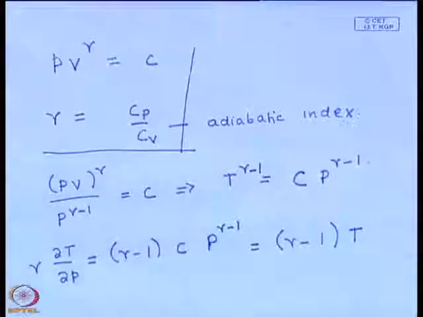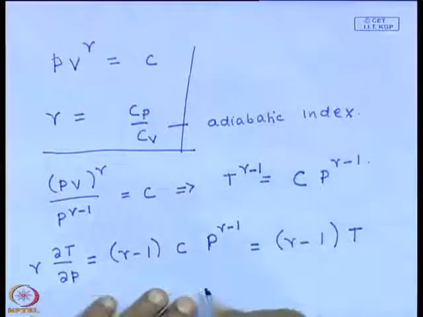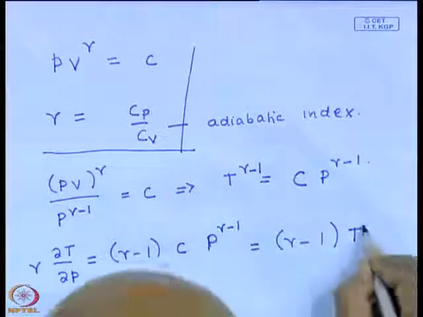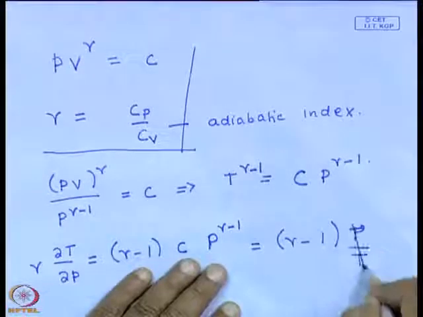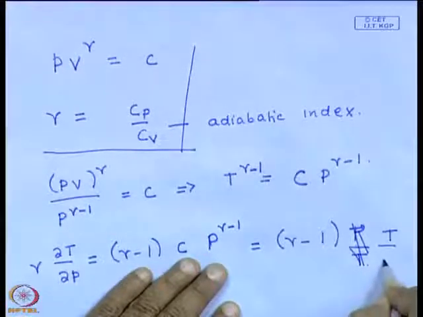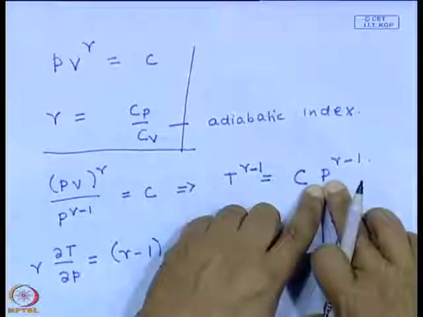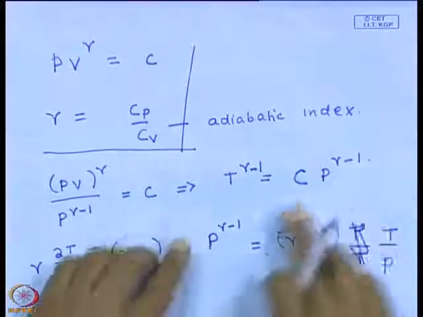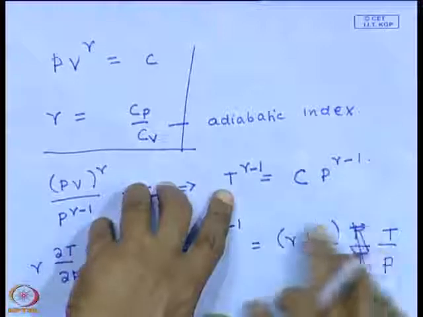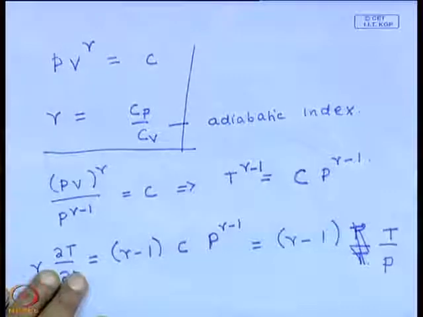There should be a T to the power gamma minus 1 here. So, this whole thing can be written as T by P. So, P to the power gamma minus 1 we can write as P, so we can just eliminate this from here and you will get T by P.